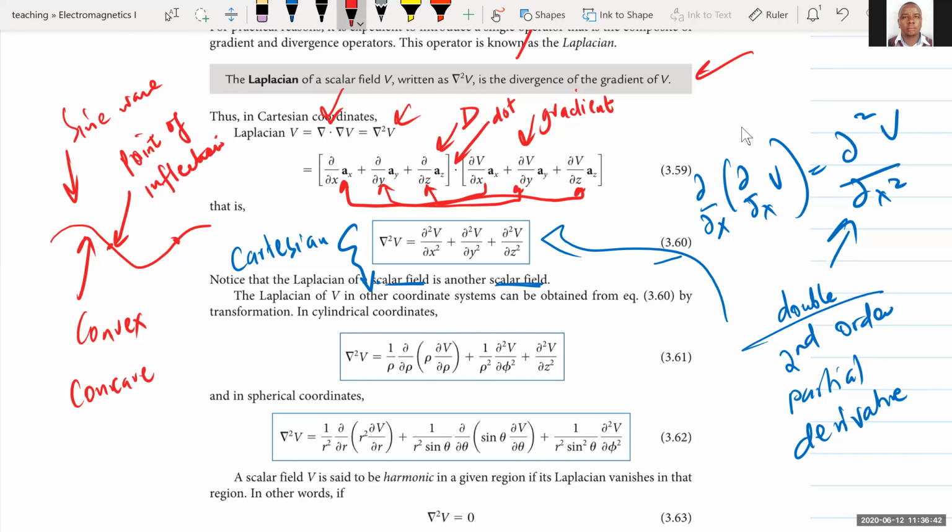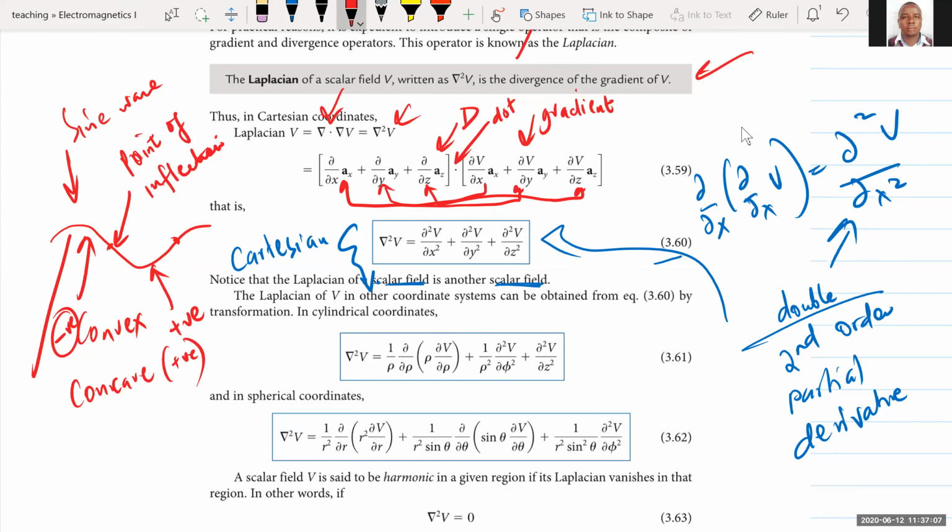Therefore, the second order derivative tells you that if it is concave, it is positive; if it is convex, it is negative. So these are mathematical concepts that you will learn.